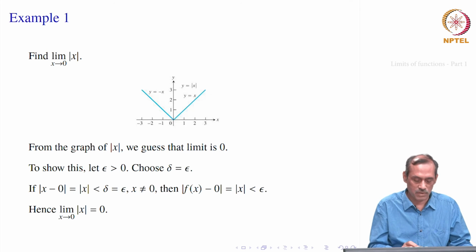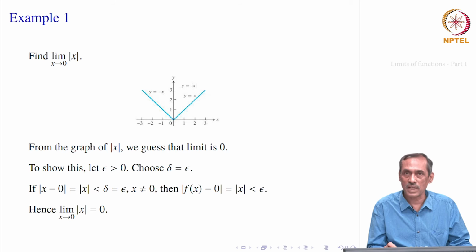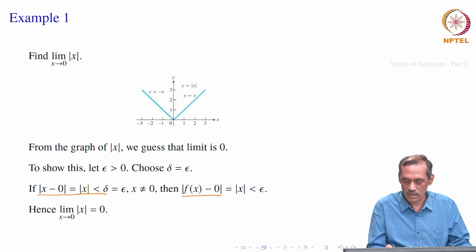So, with this delta equal to epsilon, now suppose I take mod of x minus 0 less than delta, that itself is epsilon. Under that condition I look at the difference of f of x and 0. That is again mod x, and mod x is already less than epsilon. So, it says that if mod of x minus c is less than delta with x not equal to c, then mod of f x minus L is also less than epsilon.